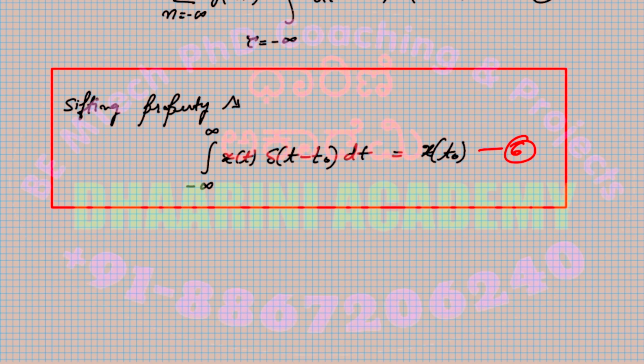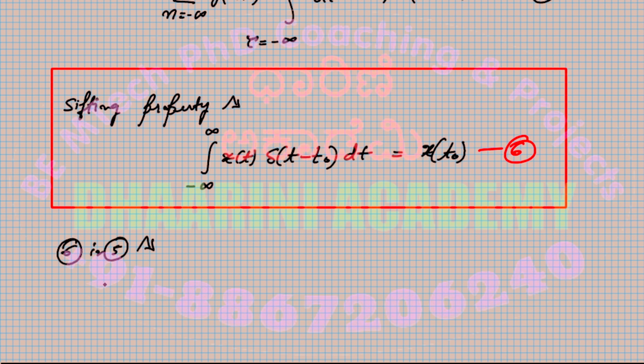Okay, so 6 in equation number 5 gives you, I still have the left hand side the same, that is g delta of t convolved with h of t.